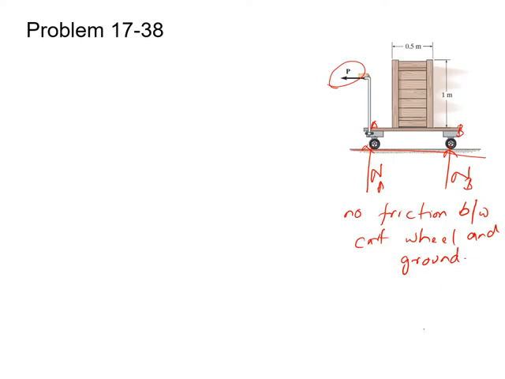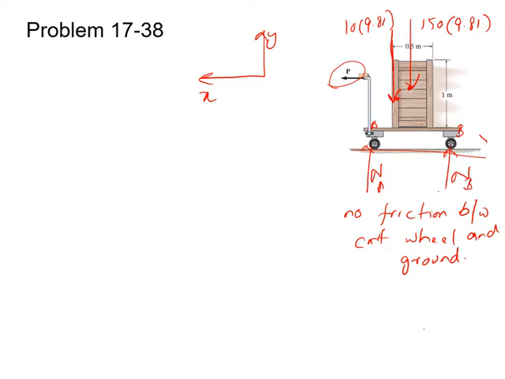Also, the weight of the crate is 150 times 9.81, and the weight of the cart will act somewhere here, and this weight will be equal to 10 times 9.81, as the mass of the cart given is 10 kg. After that, this is your x-axis and this one is the y-axis.